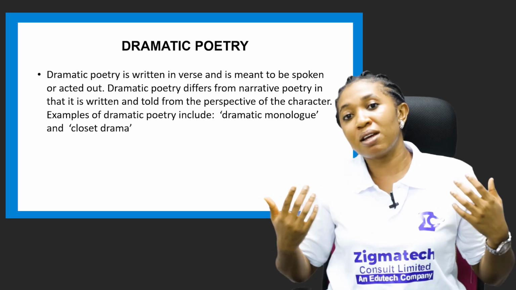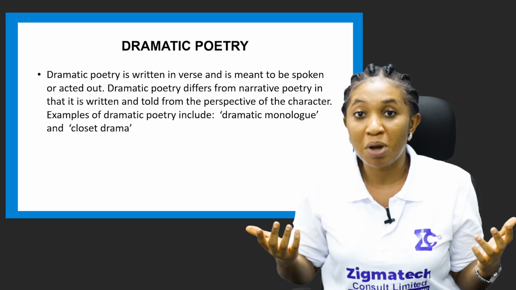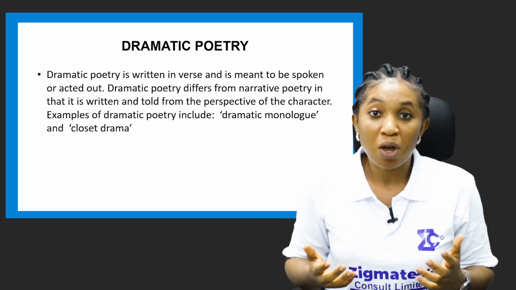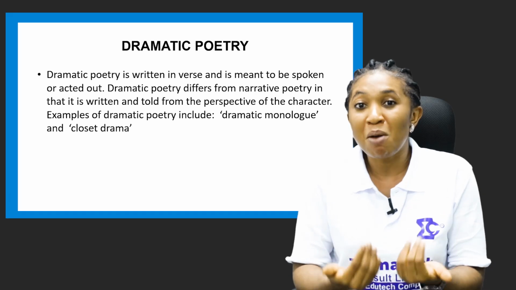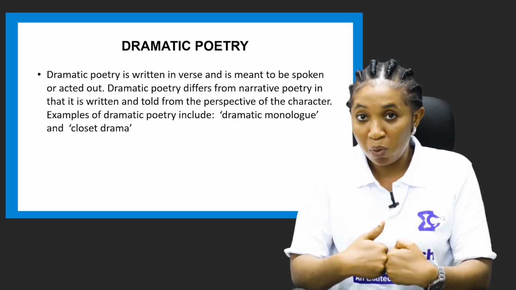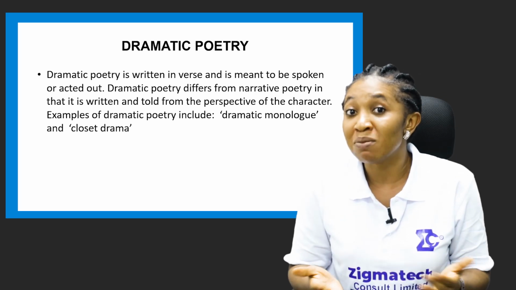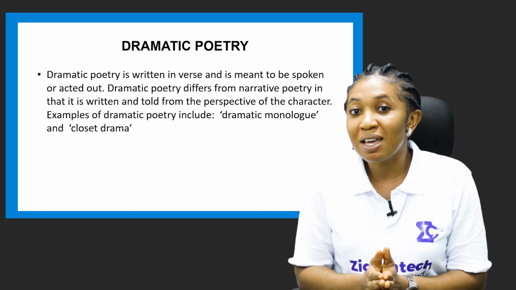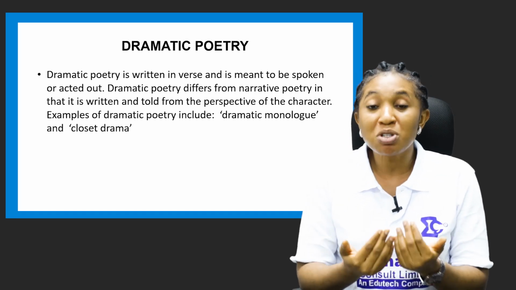So I could read a poem, I act out the story of Beowulf, okay, and I'm acting the character of Beowulf. So I'm reading my poem, I'm reading my lines, I am Beowulf, I'm assuming the role or the character of Beowulf, and I'm delivering my lines. So in this case, it's called dramatic monologue. So you are rendering your lines.